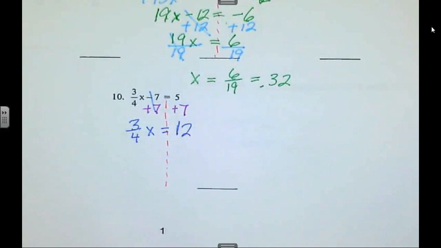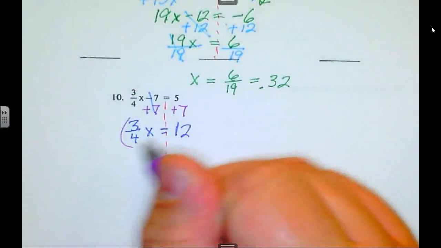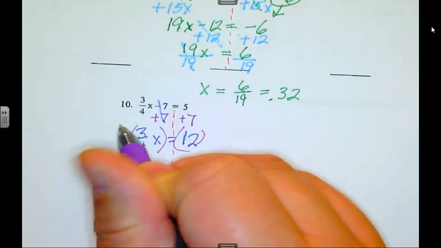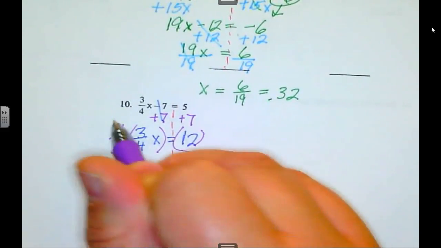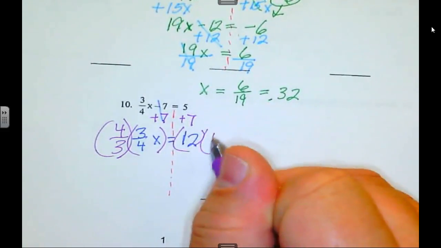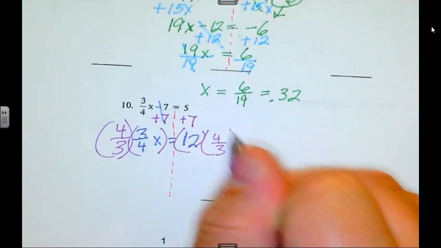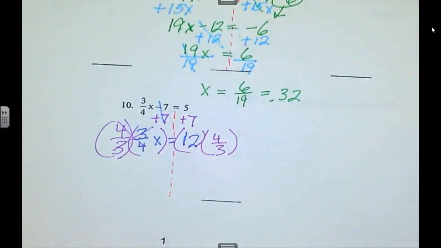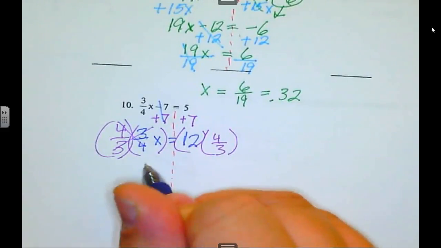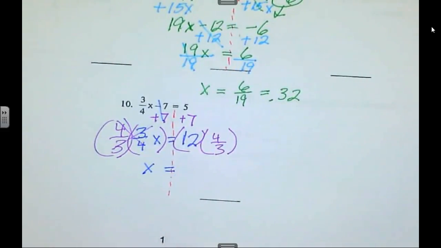Jason, how do I get rid of a fractional coefficient? Good. Multiply by the reciprocal. Awesome. Way to go. I get x. What's 12 times 3/4? 16. Good.